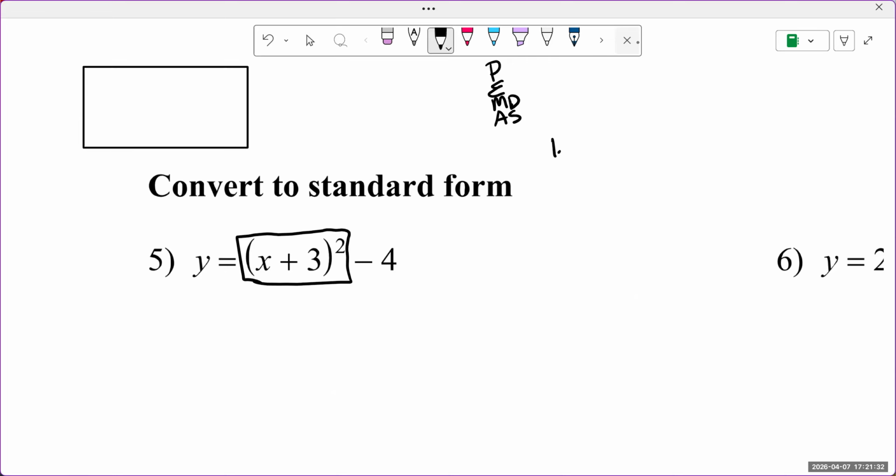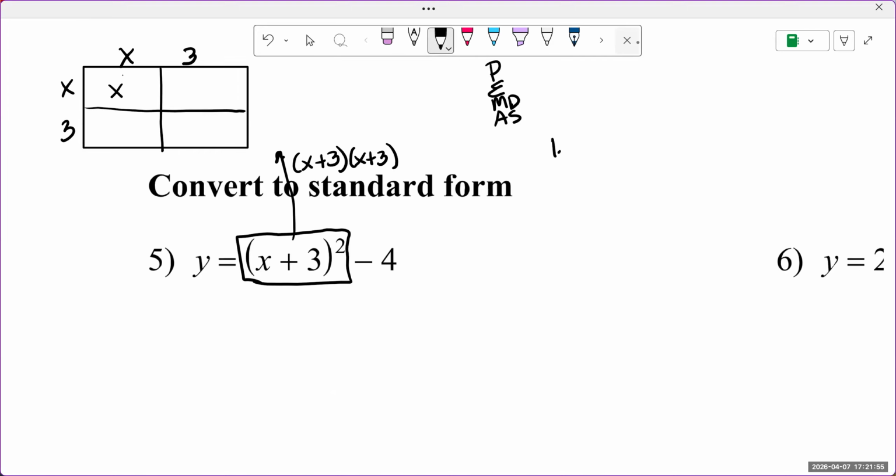And I should have left more room for you guys. But up here, we're going to multiply x plus 3. And exponent means multiply it times itself. So I'm going to make my box up here, x plus 3, x plus 3. And I'm going to multiply to get my polynomial.